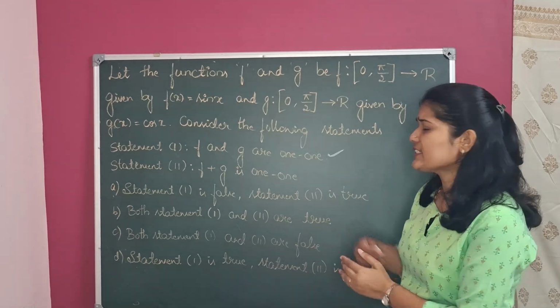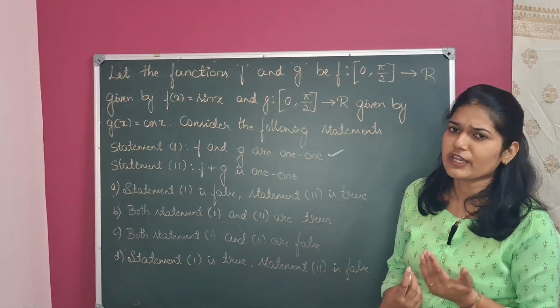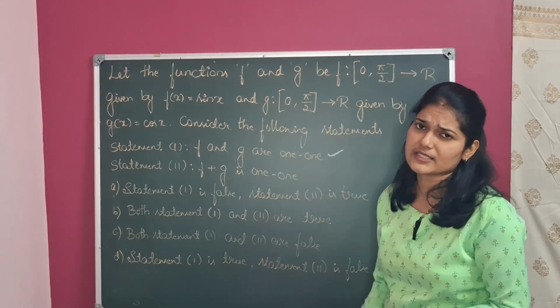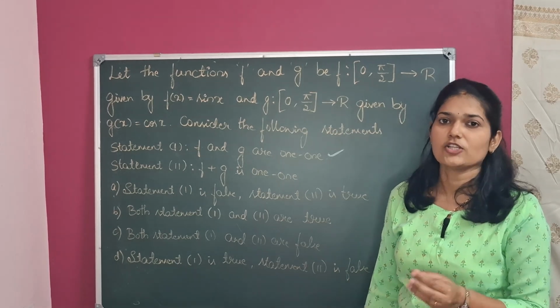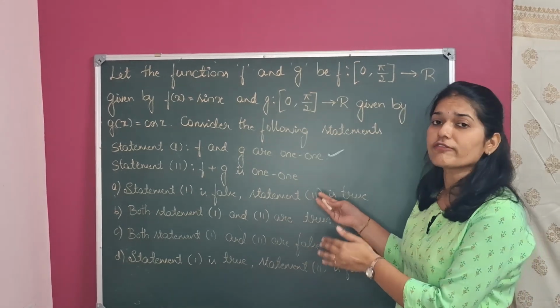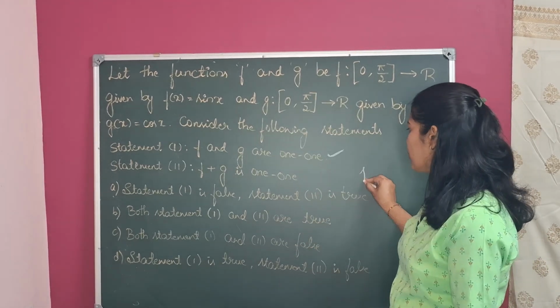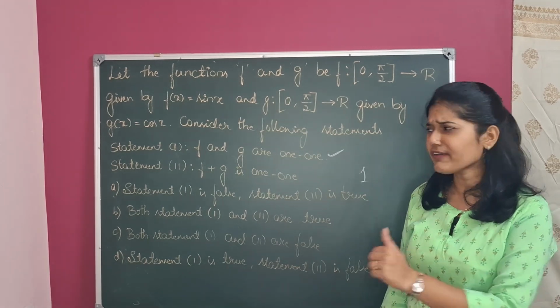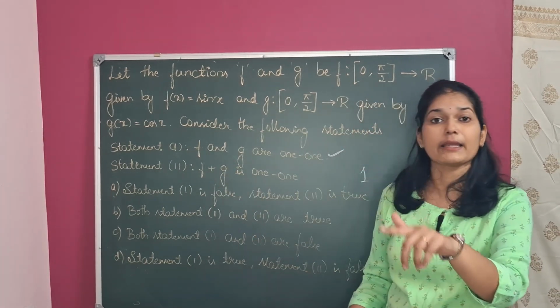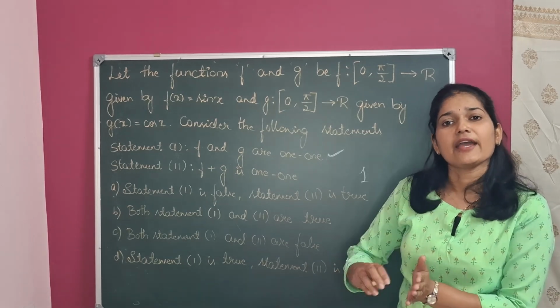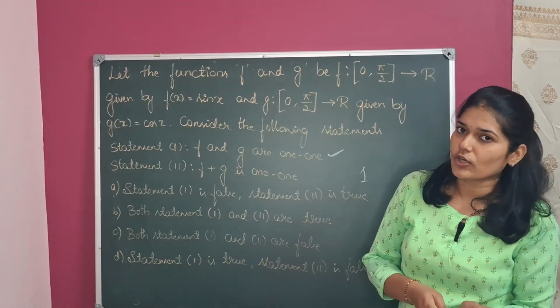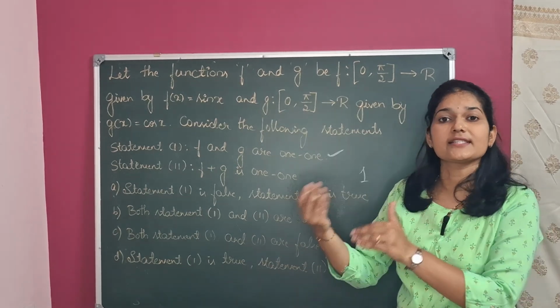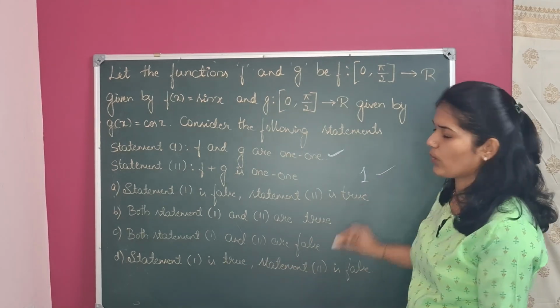Well, now let's check the value at 0. f plus g is actually sin x plus cos x. So f plus g of 0 will be equal to sin 0 plus cos 0, which is 1. If we consider f plus g of pi by 2, then sin pi by 2 plus cos pi by 2, which is 1 plus 0, again it is 1.